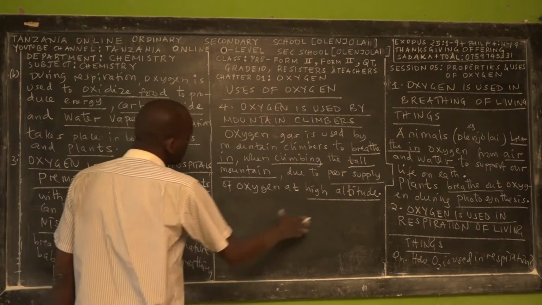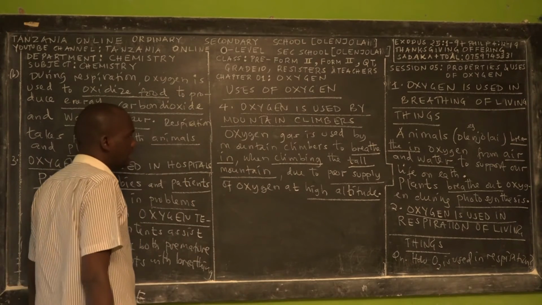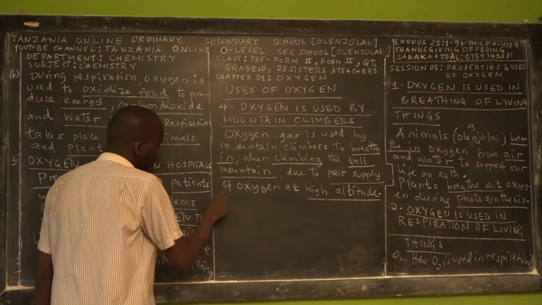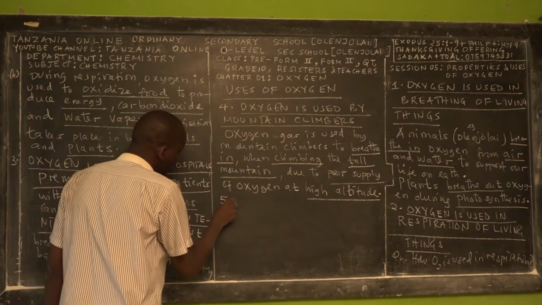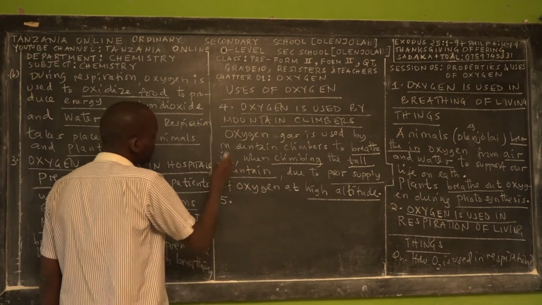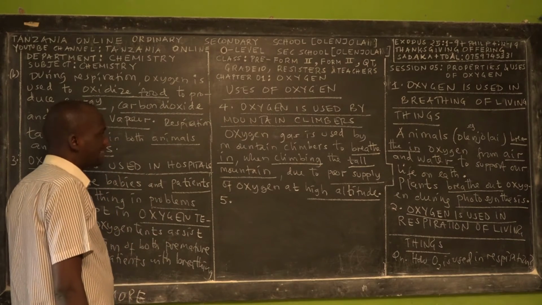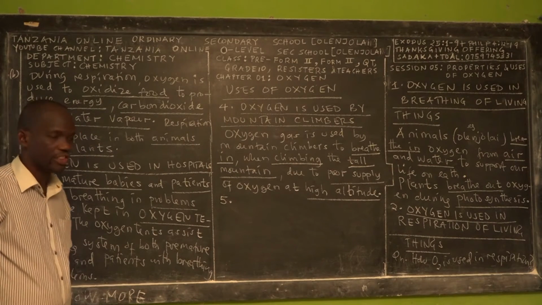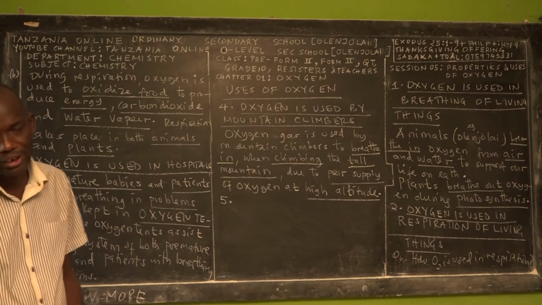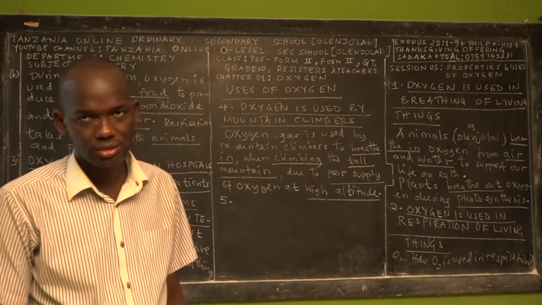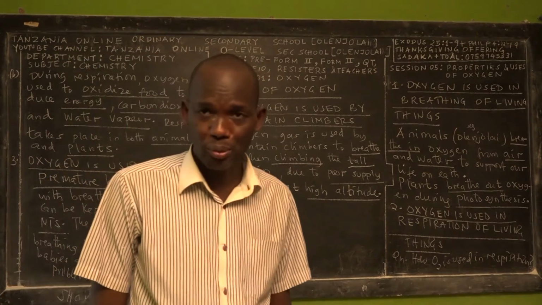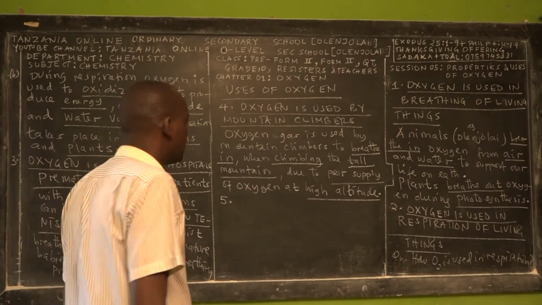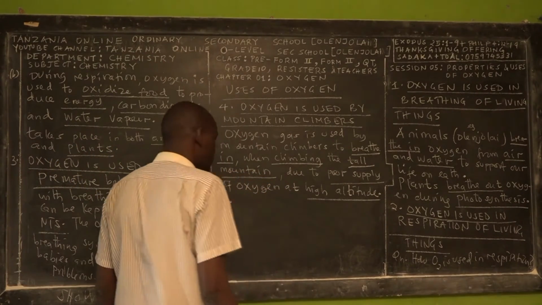So there's a poor supply of oxygen at high altitude. That's the first application of oxygen. If we didn't have oxygen, climbing the tall mountain would be a dangerous tourism business, because people may lose life when climbing, like on Mountain Kilimanjaro.